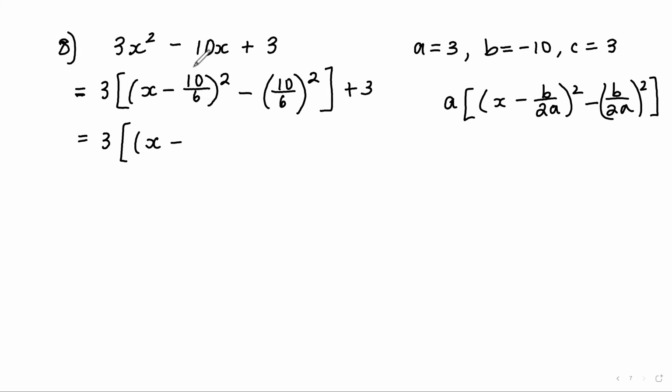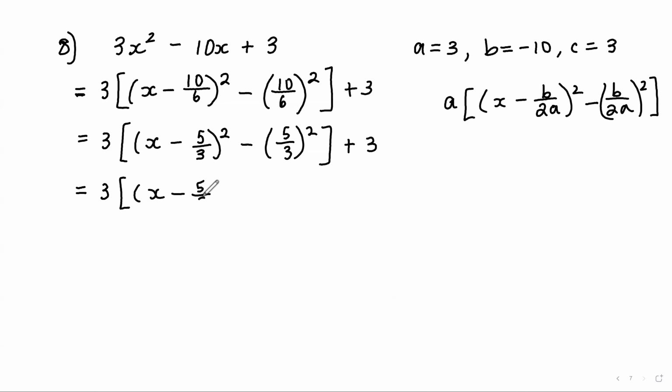So 10 and 6 have a common factor of 2, right? So 10 over 6 can be reduced to 5 over 3 because 2 could go into 10 5 times and 2 could go into 6 3 times. That's what I mean by reduced. Sorry, I forgot. Once I'm working with fractions, I always reduce them because I much prefer to work with 5 over 3 than 10 over 6. Because remember, we still have to square it. So then this line now, we'll still have 3 by x minus 5 over 3 squared.